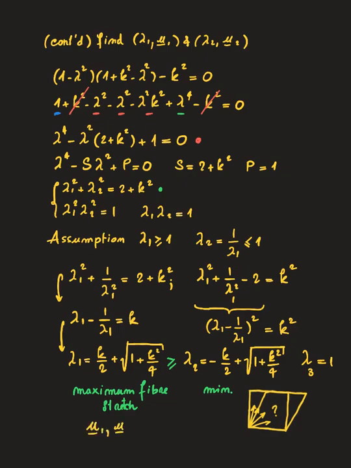So we have to compute u1 and u2. I remind you that we have already found that u3 is coincident with e3. And this is what we are about to do. So let me find the eigenvectors. So it's still the simple shear, and we want to find the eigenvectors u1 and u2.